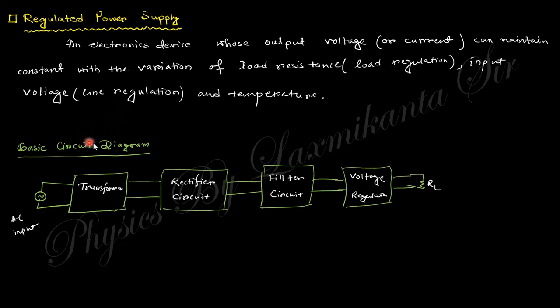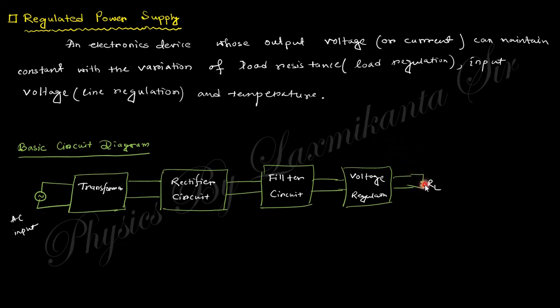Actually, regulated power supply is an electronic device where the output voltage is unchanged or maintained constant, even if the input voltage or the load resistance or the temperature is changed. Actually, when the input voltage changes, the output voltage also changes.